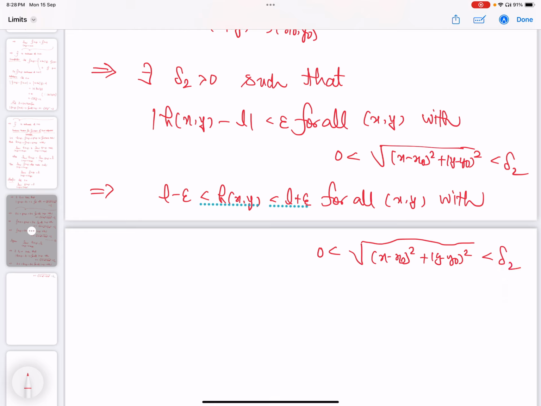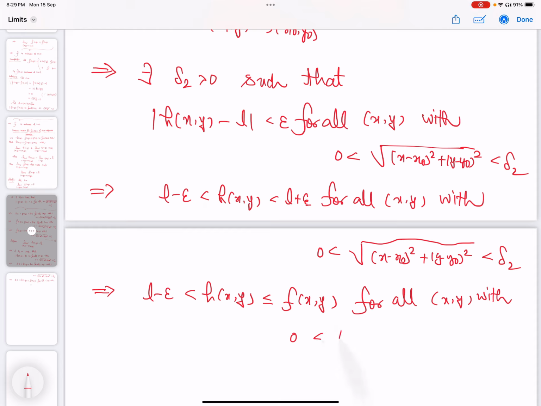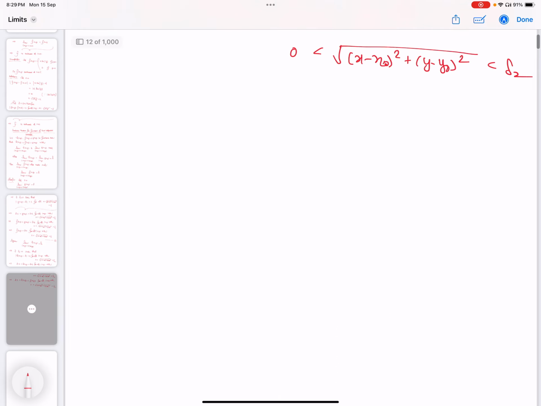So this implies L minus epsilon is less than h(x,y), but h(x,y) is less than f(x,y), for all (x,y) with (x minus x naught) squared plus (y minus y naught) squared less than delta 2.